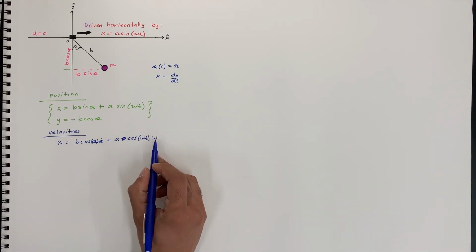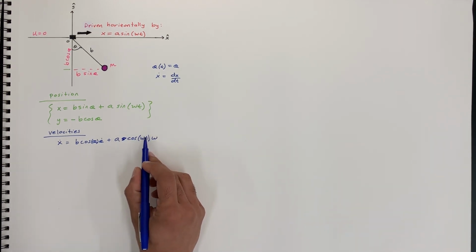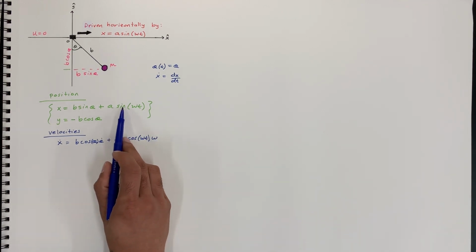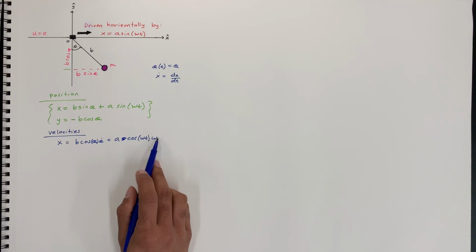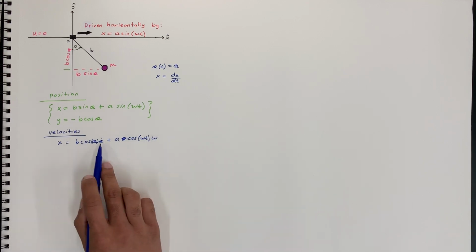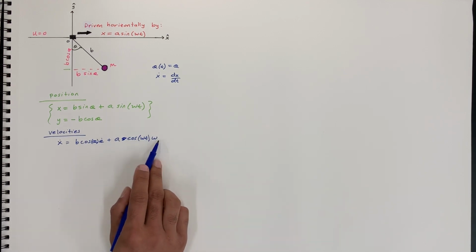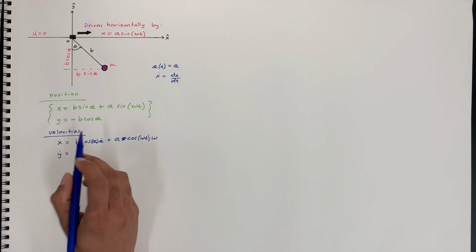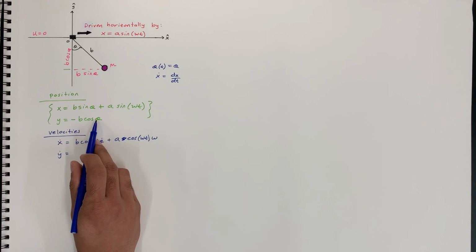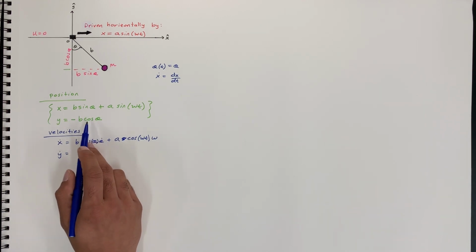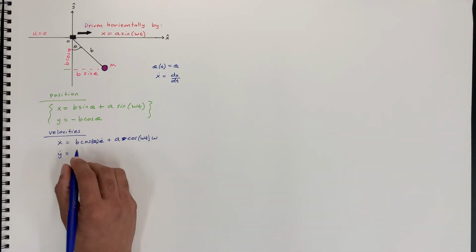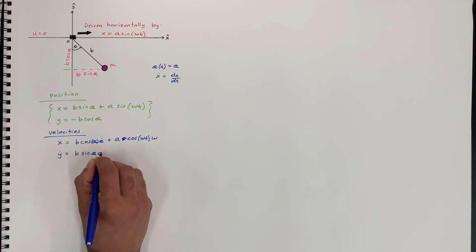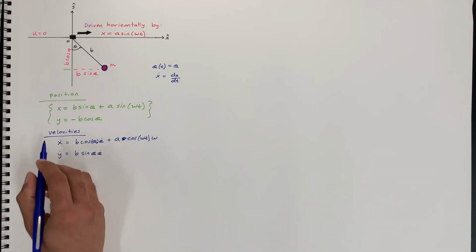That's the chain rule. We take the derivative of the inside and put it outside. So we have a cosine omega t, omega on the outside, just like we did with the theta dot. And y dot is just going to be the derivative of negative b cosine theta. Derivative of cosine is negative sine, so negative and negative, we got a positive b sine theta, theta dot.